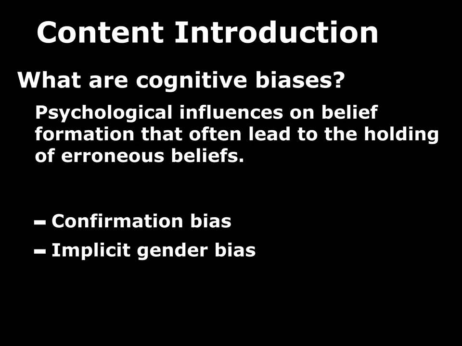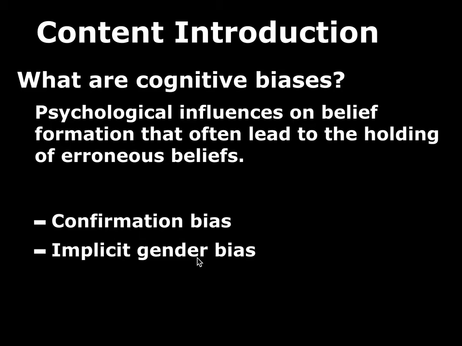Another example of a cognitive bias that we're going to look at is implicit gender bias. And there are 2 parts of this I want to remark on. First is gender. This type of bias shows up for pretty much any social category.